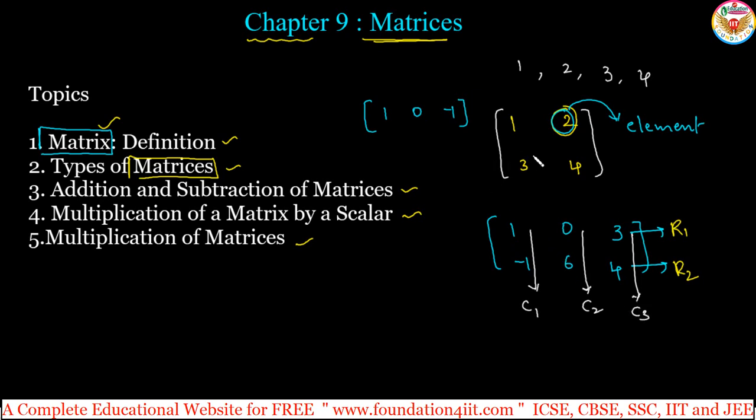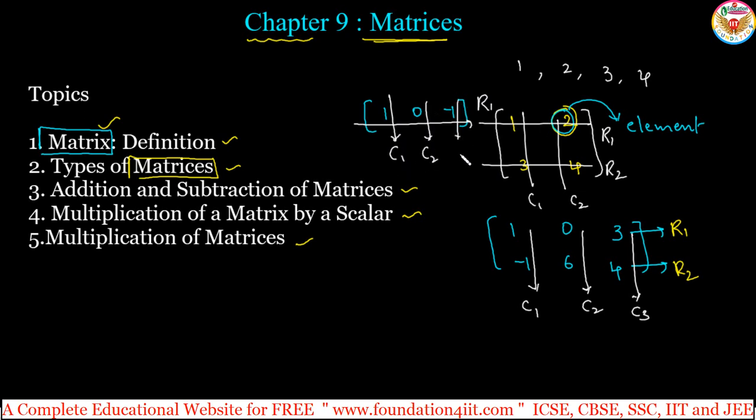So vertical lines are columns, horizontal lines are rows. Here are two rows, R1 and R2, and two columns, column 1 and column 2. This example has only one row, but there are three columns: column 1, column 2, column 3. So rows are horizontal lines and vertical lines are columns.